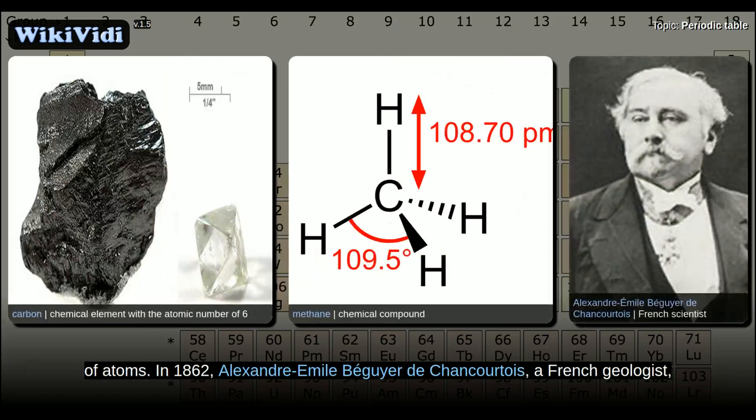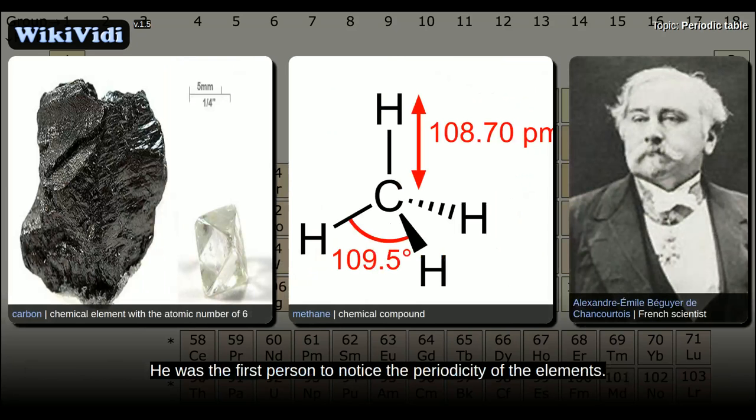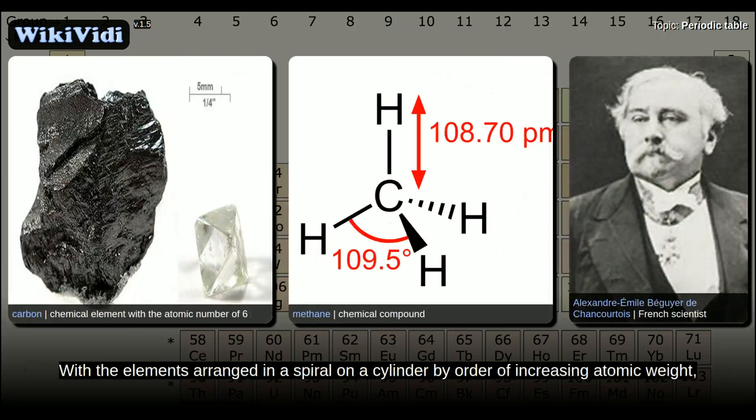In 1862, Alexandre-Émile Béguier de Chancourtois, a French geologist, published an early form of periodic table, which he called the telluric helix or screw. He was the first person to notice the periodicity of the elements, with the elements arranged in a spiral on a cylinder by order of increasing atomic weight.